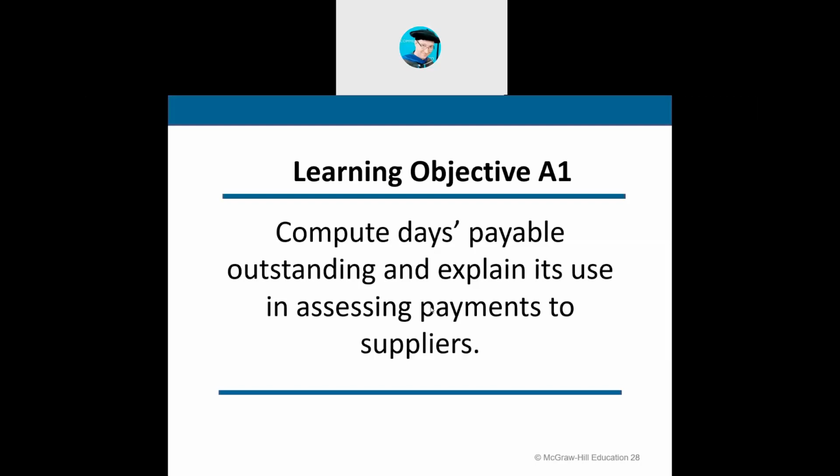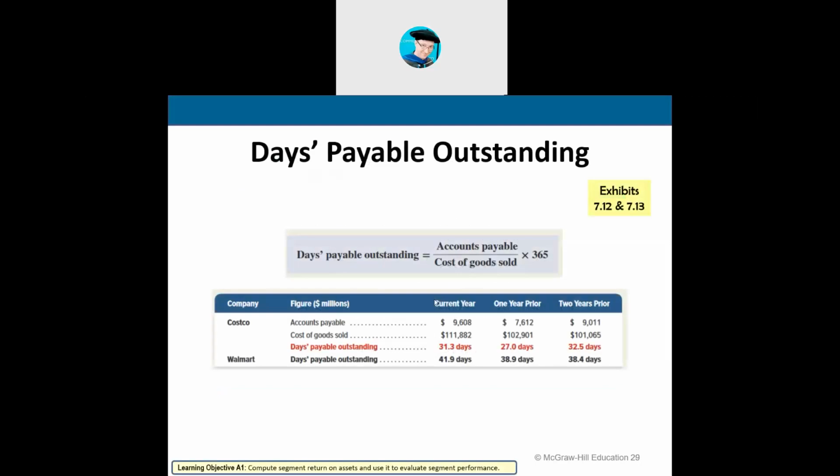There is a ratio that helps managers to understand if their accounts payable is in good standing. It's called days payable outstanding. We take our total accounts payable amount divided by our cost of goods sold and multiply it by 365 days.